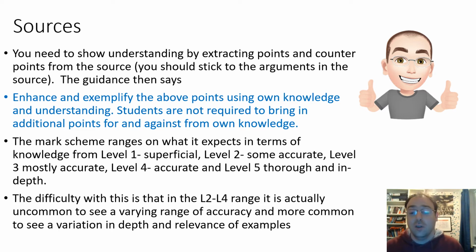You're not going to turn around to an examiner and say, but it's accurate, everything I've said there is true. And they go, yeah, but you haven't explained it in any detail and there's not a lot of it. So this gives us the difficulty of trying to work out level 2 to 4, and this is always a struggle for any teacher marking it. It's looking at how much depth is good depth for those different levels.